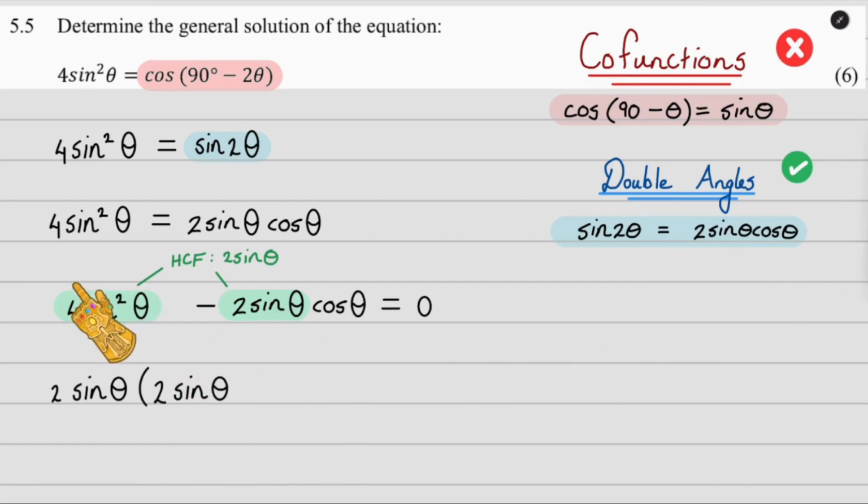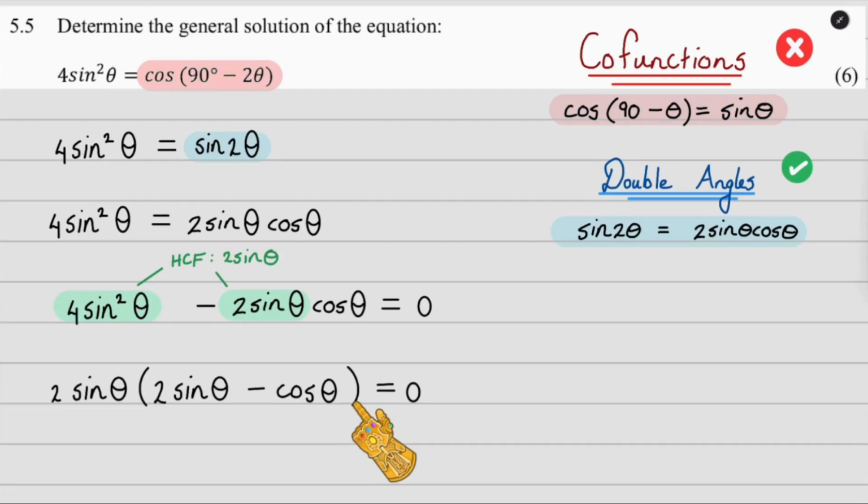And then that sorts out the first term. Now the minus will stay in between them because my common factor is positive, so I'm going to keep the minus there. And from the second term, I removed the 2 sine theta as a common factor, so all I have left over is this cos theta. And now we have successfully factorized that into this.